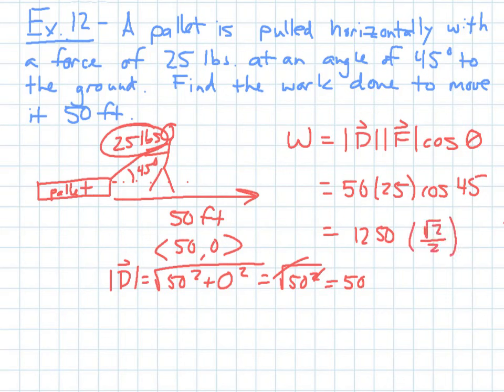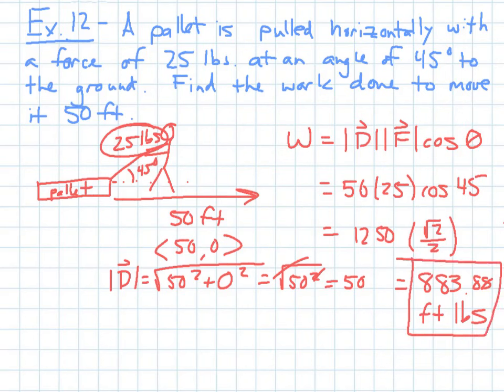So let's multiply those out. Times square root of 2 divided by 2 is going to be 883.88, and here's where your usual label is foot-pounds. Sometimes they use newtons as well for force, and we'll have some problems where we use those. Okay, but for this example, it would be foot-pounds because we kind of just combine the two together. Okay, have fun.